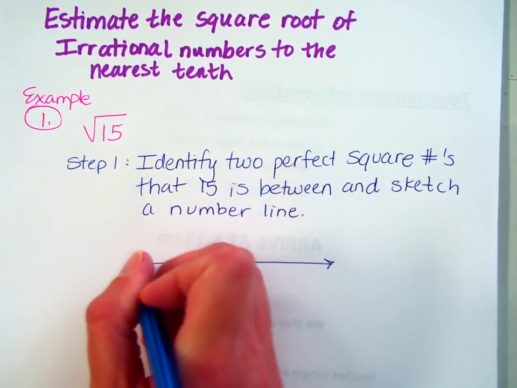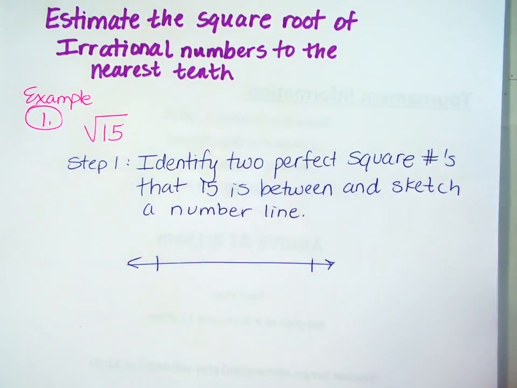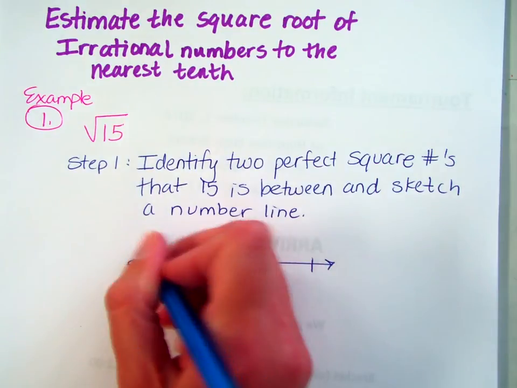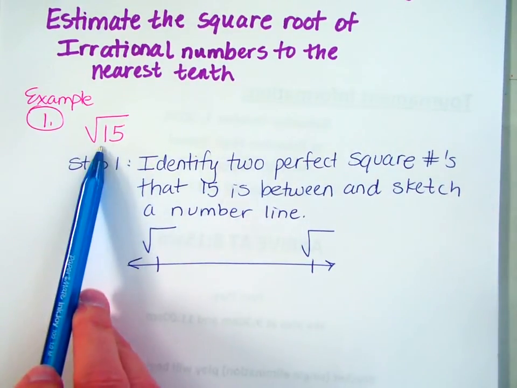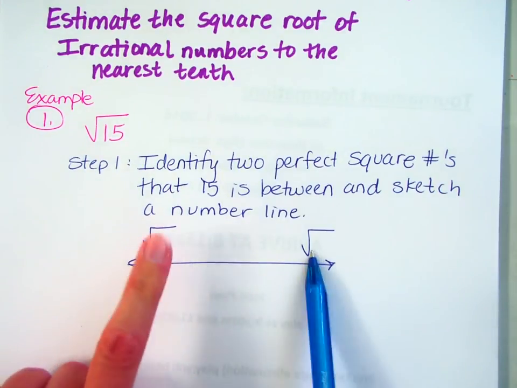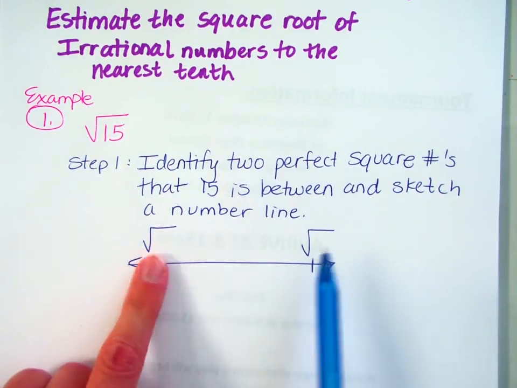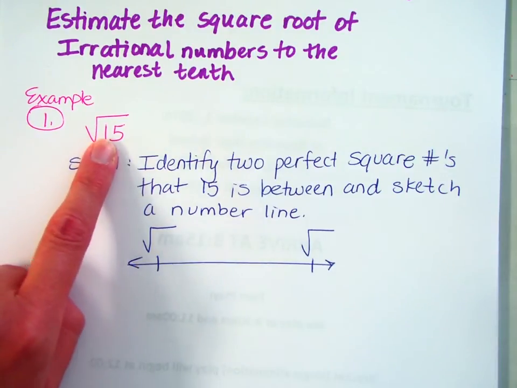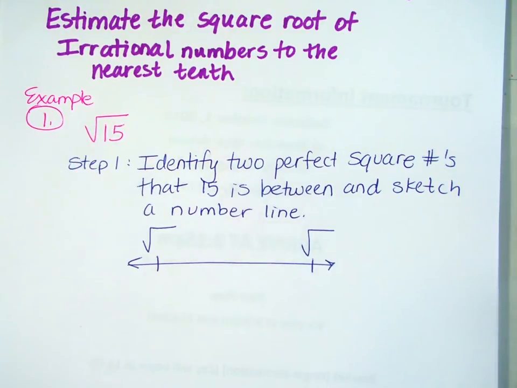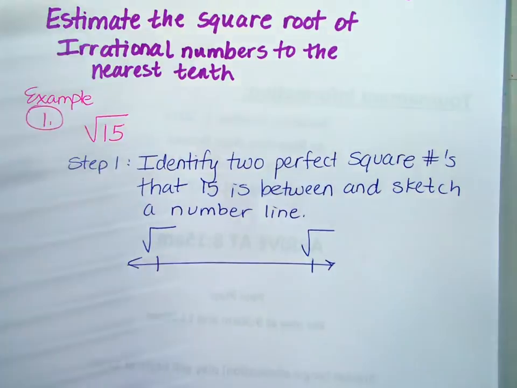Okay, so we'll have this number line. I'm trying to find the square root of 15, and I'm going to have the ends of my number line as the two perfect square numbers that 15 is in between. All right, so using your chart, what would those square roots be?